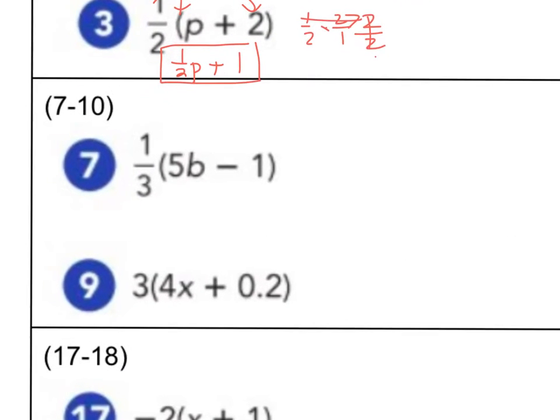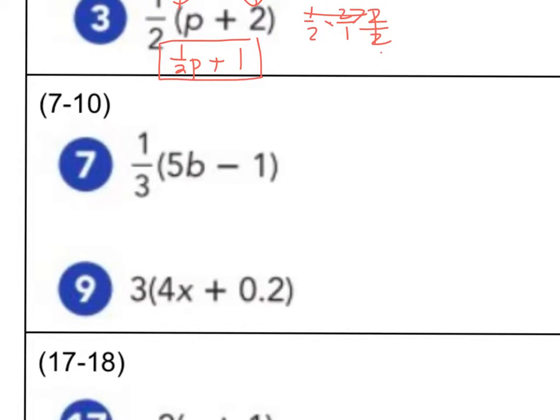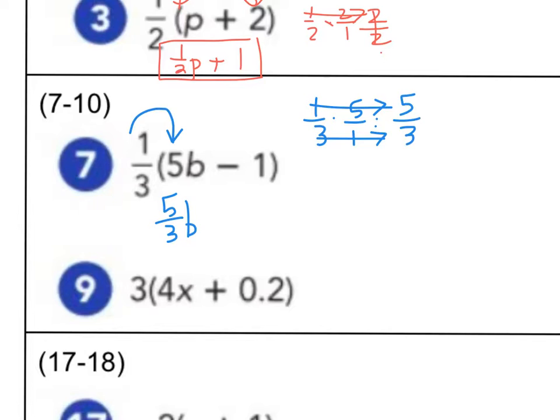Okay, number 7, we have some negative symbols happening in here. 1/3 times 5. So that'd be 5 over 1. 5/3. I'm going to leave it like that right now. 5/3 b minus 1/3 times 1 is going to be 1/3.